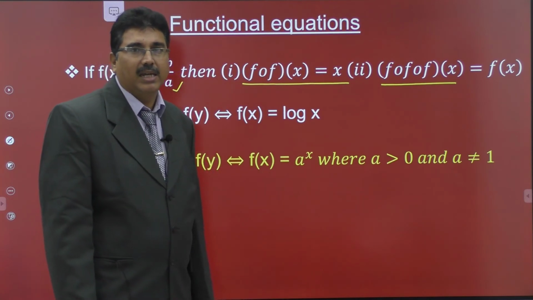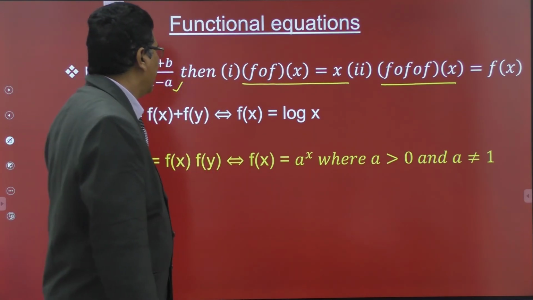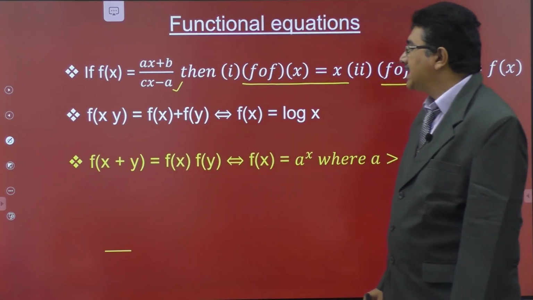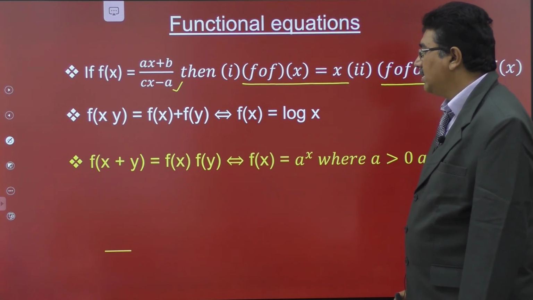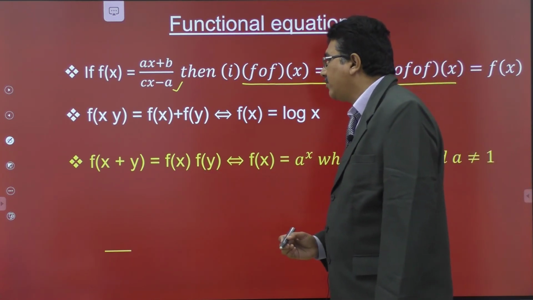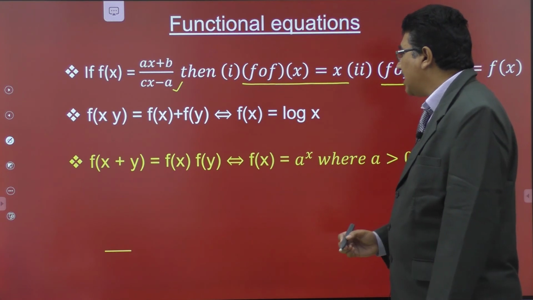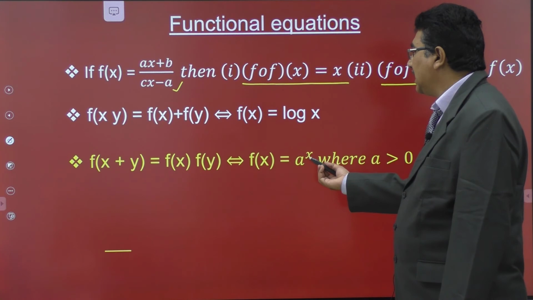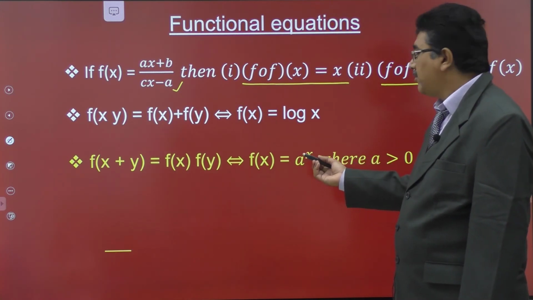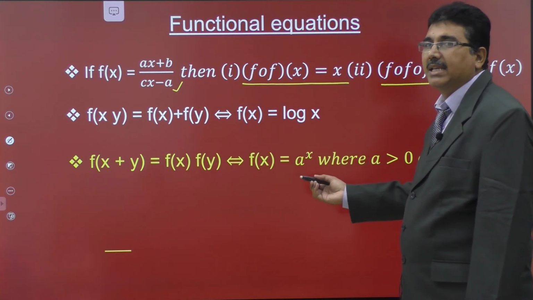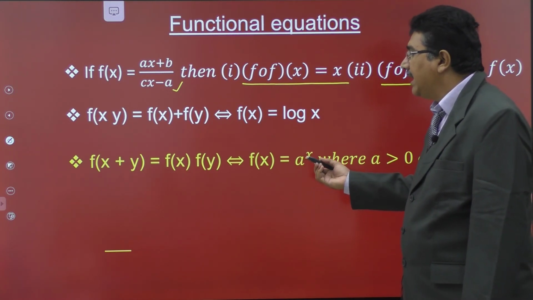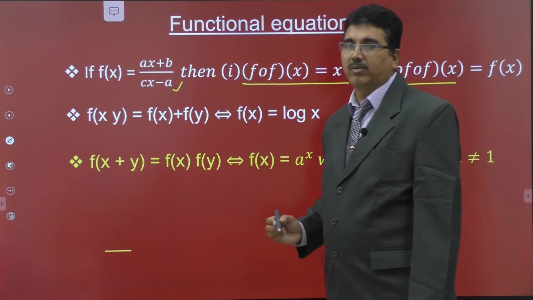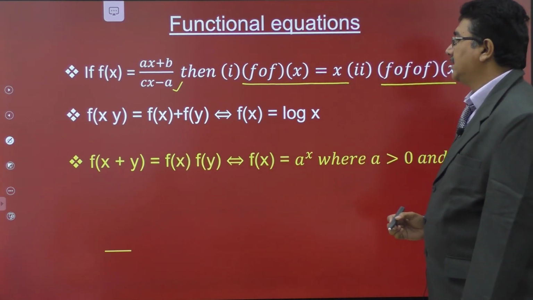This exponential function satisfies the equation f of x plus y is equal to f of x into f of y, because f of x plus y is equal to a power x plus y, and a power x plus y can be written as a power x into a power y, so this function satisfies this equation, right?